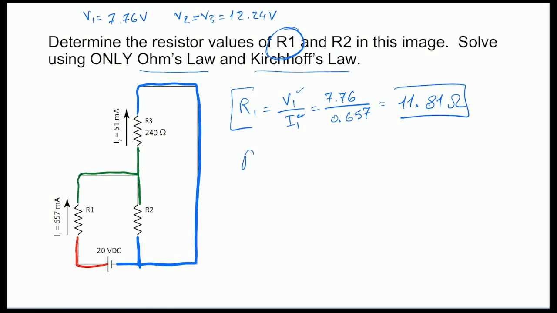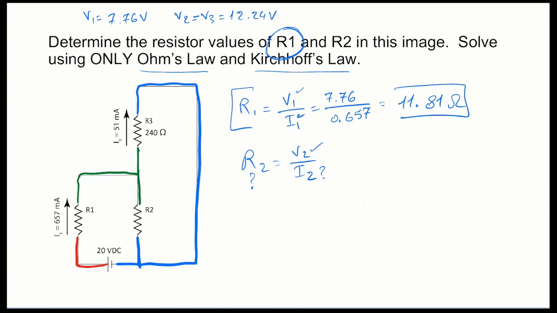Well, how about R2? R2 would be V2 divided by I2. Is this something we can calculate? We don't know this. We know this. We don't know this. Well, can we calculate I2? In a quick look here, I1 is going in here, and it is going to be divided into two branches.